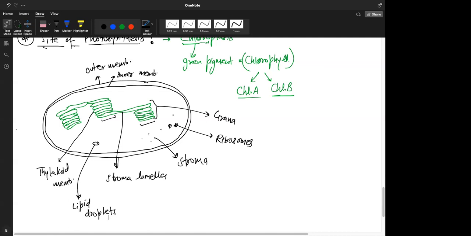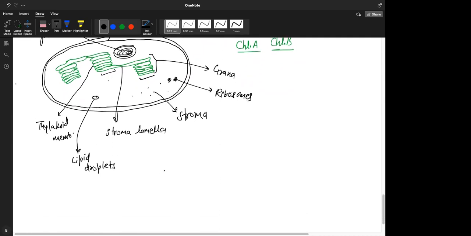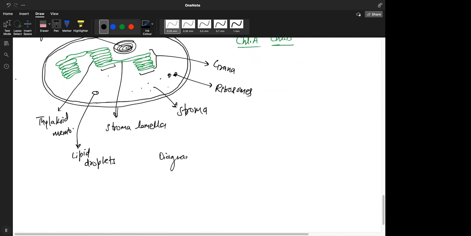Glucose. Glucose is also starch or carbohydrate only, right? Yes, sir. So we have big starch granules, carbohydrate granules. Is this clear? This is a simplified diagram of a chloroplast.